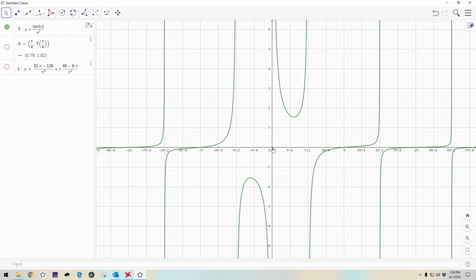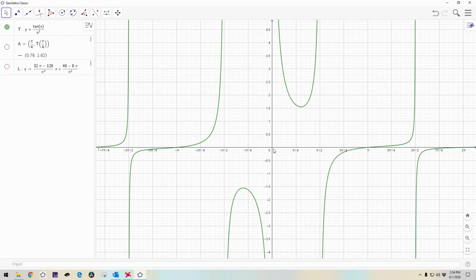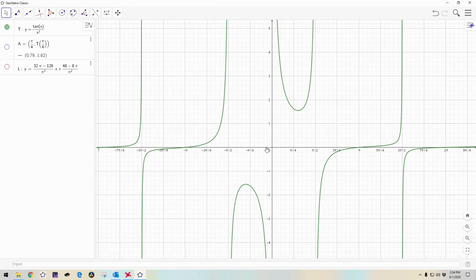The point that we were interested in was when x was pi over 4. So here's that location on the graph right there. The t of pi over 4 we computed to be 16 divided by pi squared, the 1.62.